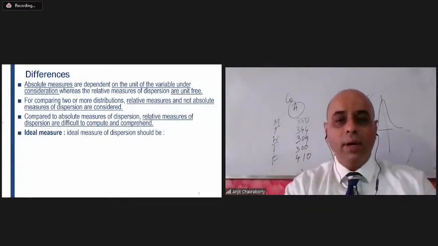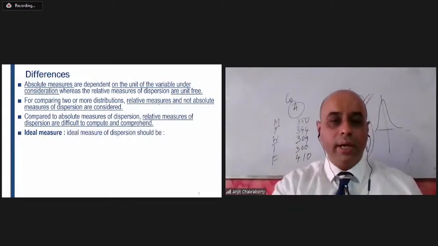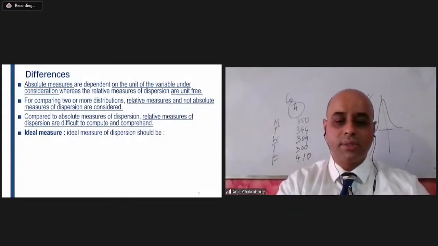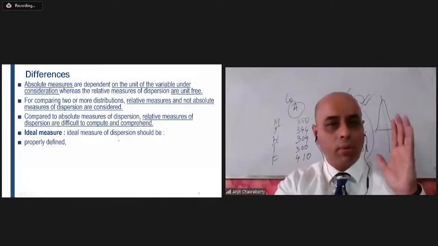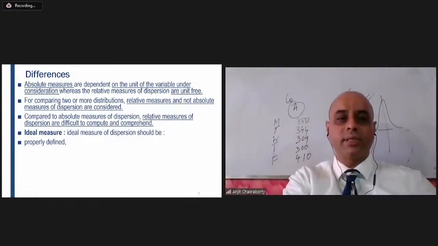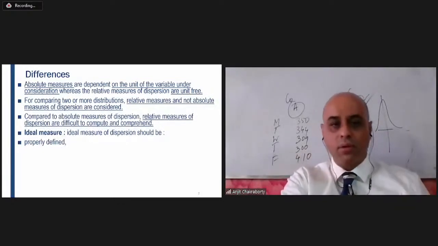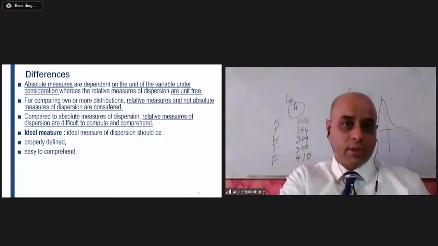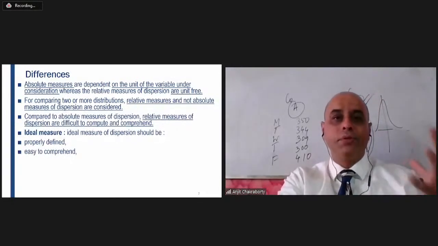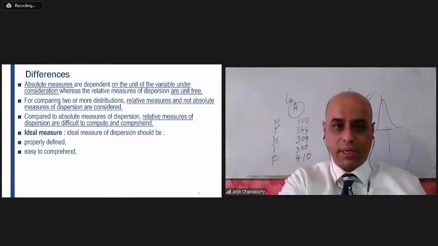Okay. Now, one question can come, as I told you, that theory questions are important in statistics, and we should have the background knowledge of theory. So the ideal measure of dispersion sometimes comes as an MCQ, so it should be properly defined. Like in case of mean, median, and mode in central tendency, we had discussed the definition. So it should be rigidly and properly defined, and almost all the measures of dispersion are properly defined. Easy to comprehend, comprehend means understanding, right? So some of the concepts in this chapter, like range, for example, are very easy to understand.